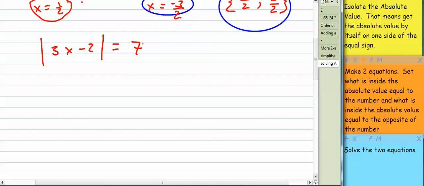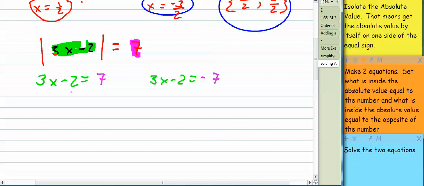Now, I encourage you to pause this for 1 minute, do the problem, and see what you come up with. All right, hopefully you paused it, and now you're back to see what happened. We take what's inside the absolute value, and we write it down twice. 3x minus 2, 3x minus 2 equals, and we set it equal to this number and the opposite of that number, 7 and negative 7.